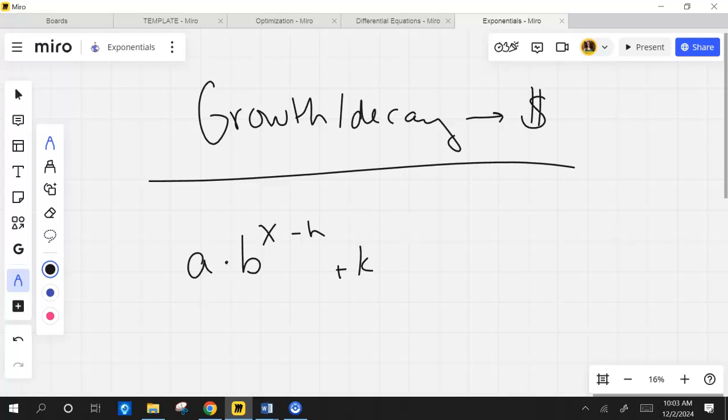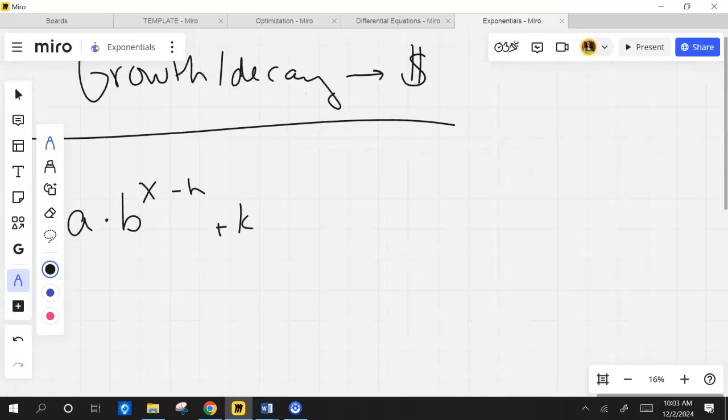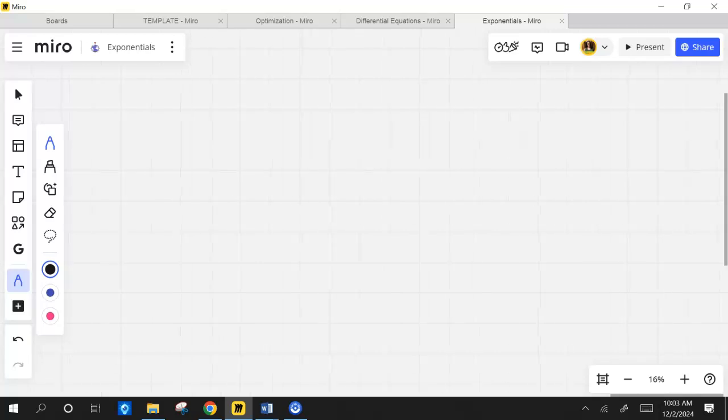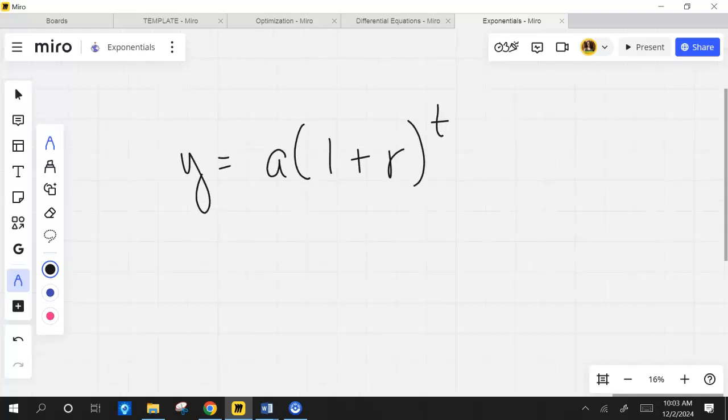All right, so we did growth and decay this way. We're going to change the formula up just a bit. It's going to be kind of the same. This is growth.